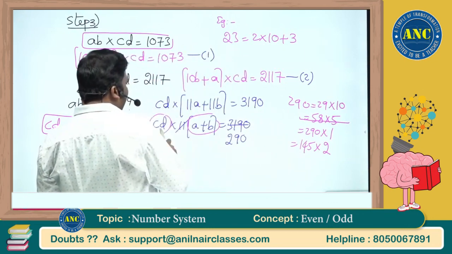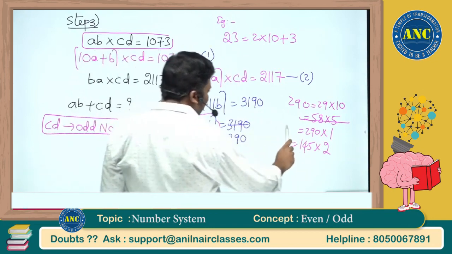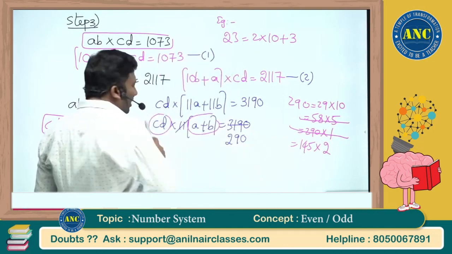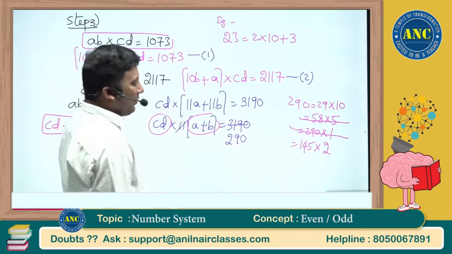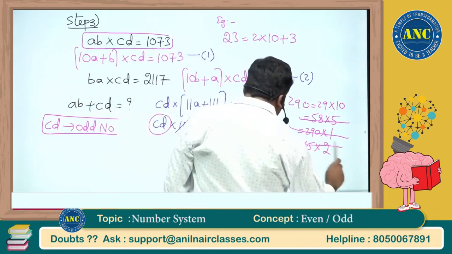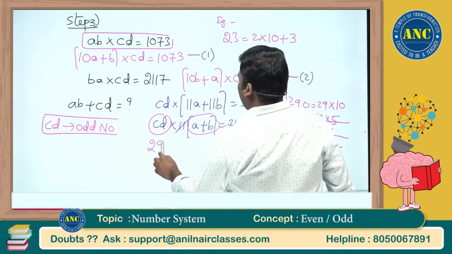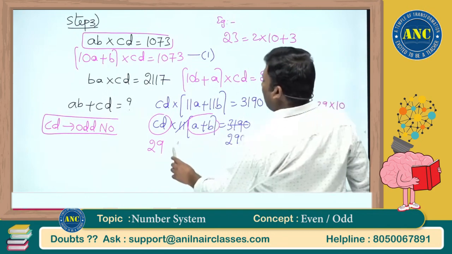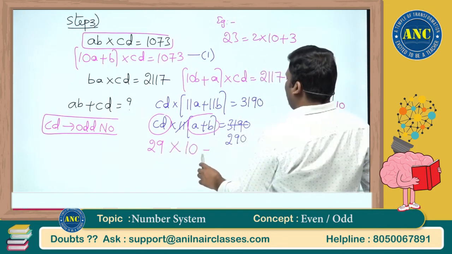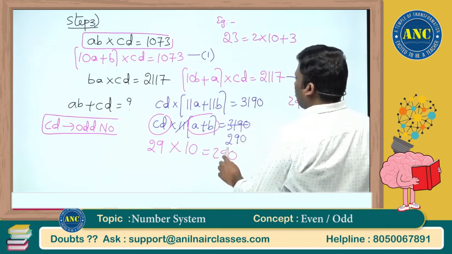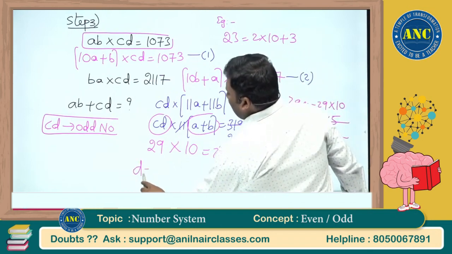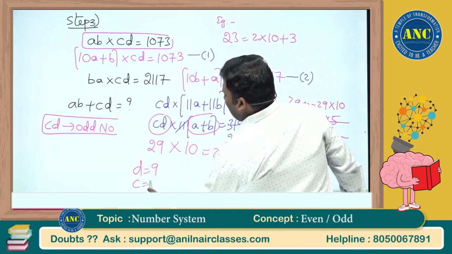Giving CD as 290 is also not possible because CD is a 2-digit number. CD as 145 is not possible. That means CD has to be 29 and this has to be 10. 29 into 10 is 290. That means D is 9, C is 2.